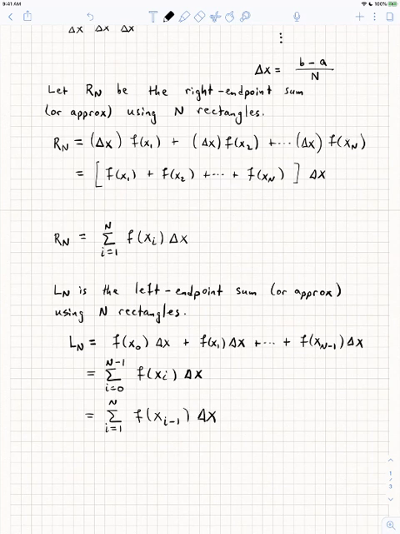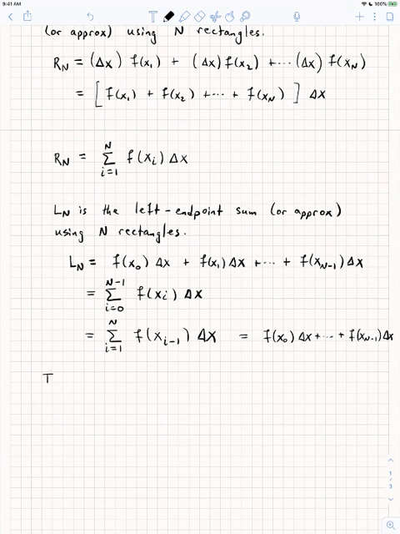If you start writing these out, when i is equal to 1, you get f at x sub 0 delta x, and so on. The last value of i is n, so you end up with f at x sub n minus 1 delta x. So it's okay to sum it from i equals 1 to n, provided you change the x sub i to x sub i minus 1. So now here we have our right endpoint sum and our left endpoint sum.